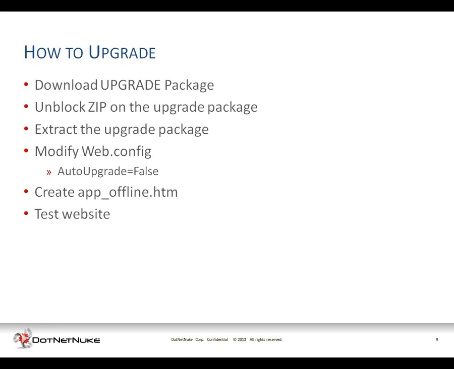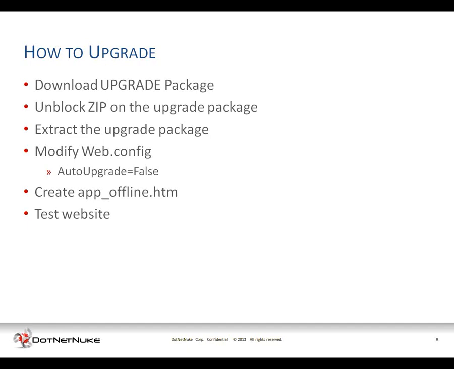But the process that we're going to perform to upgrade to 6.2 is exactly the same process you would go through if you were upgrading to DotNetNuke 6.1.5 or 6.1.4, whatever version of DNN you're upgrading to. The steps to perform the upgrade are exactly the same.